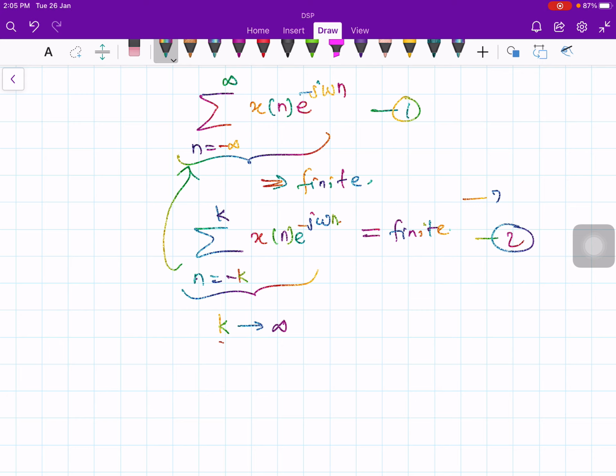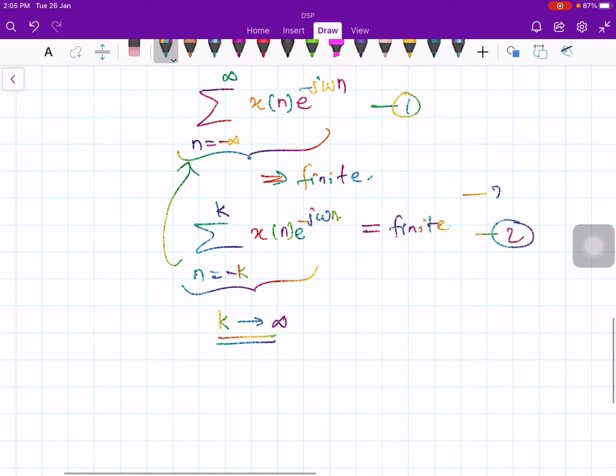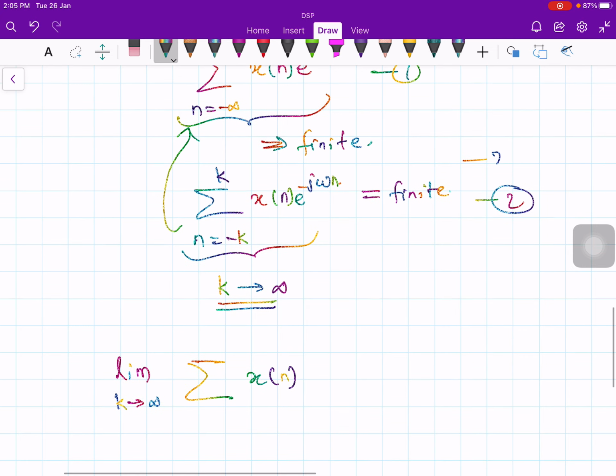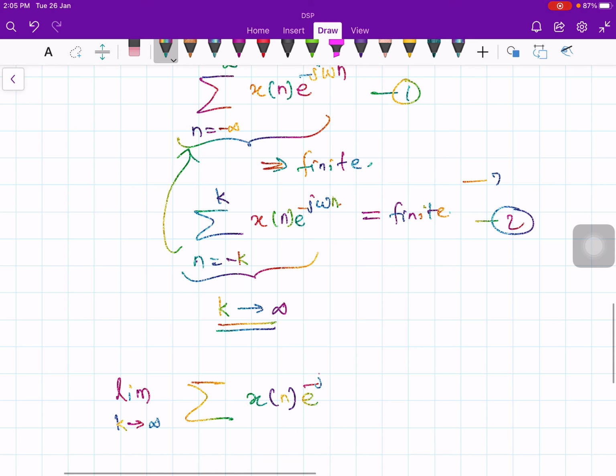The moment you take the limit as k goes to infinity, then you can go back to equation 1. Therefore, limit k goes to infinity, summation of x of n e to the minus j omega n, where n is equal to minus k to plus k.